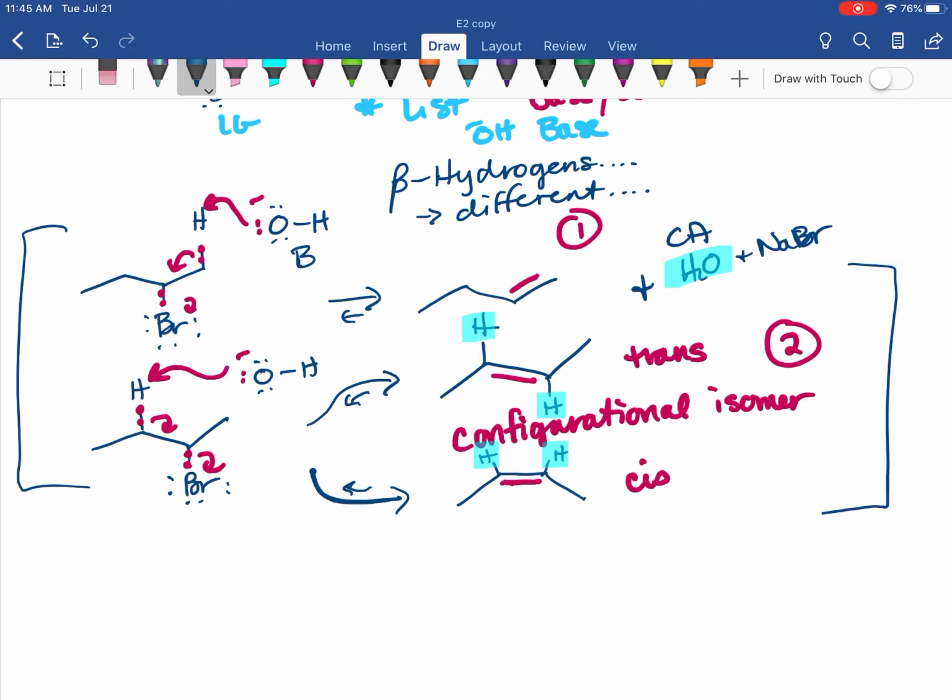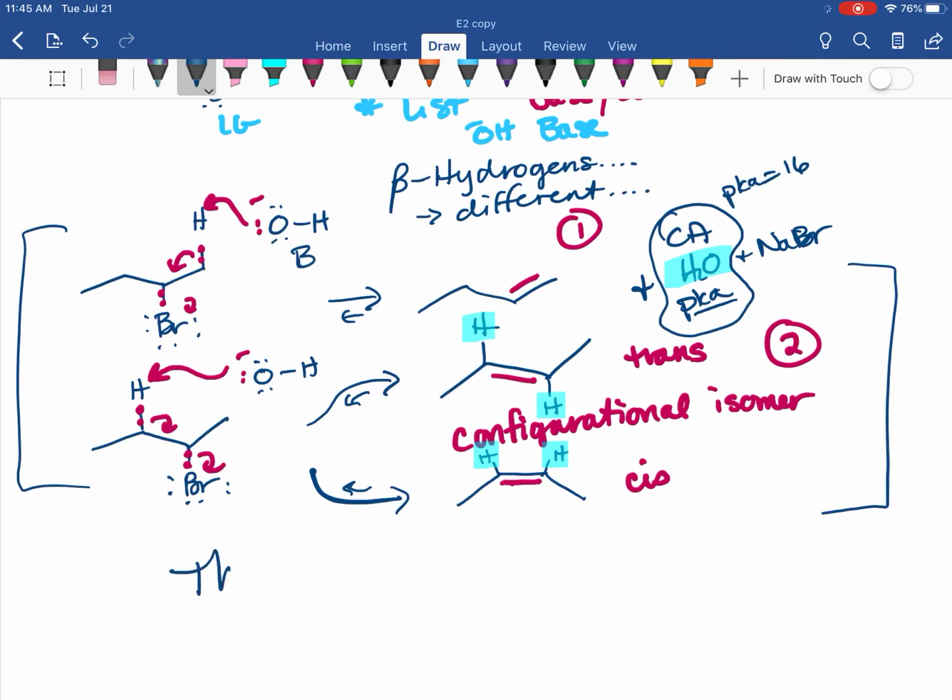Okay, this is setting us up for a nice mini equilibrium reaction. We talked about this in our acid-base chemistry. And if we look at pKa's, we would be evaluating the pKa of that conjugate acid, which is water. That pKa was about 16.